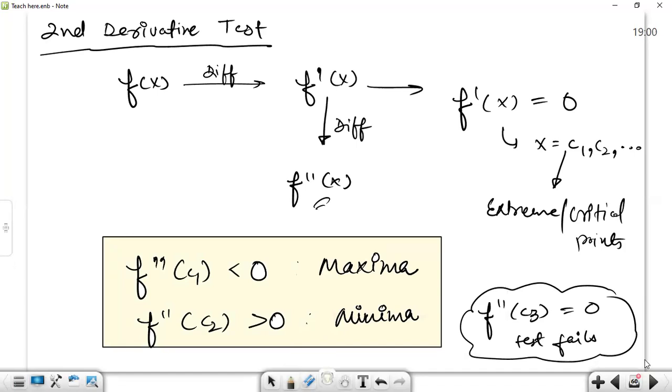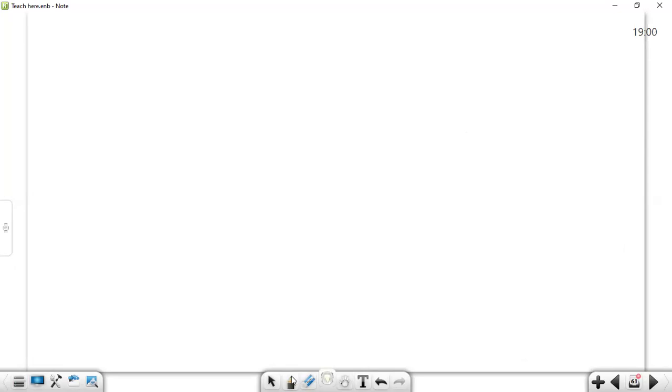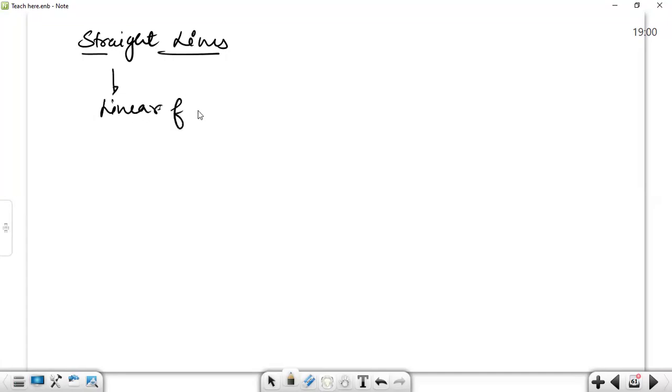If I'm recapping all the classes, let me also teach something about straight lines. Straight lines have a linear function. A linear function is a function having degree 1.